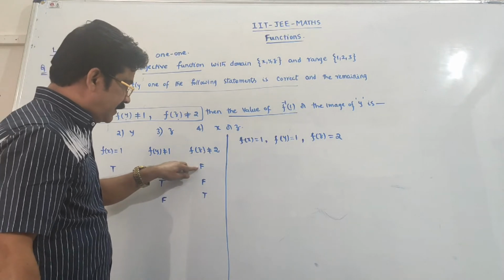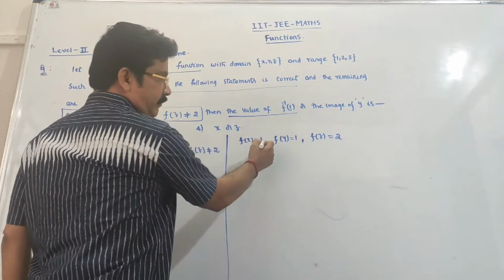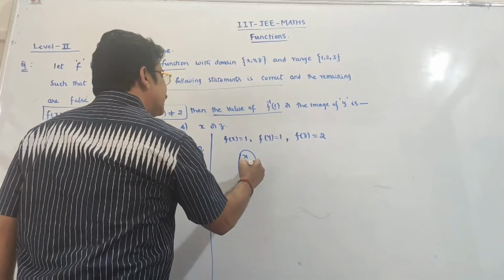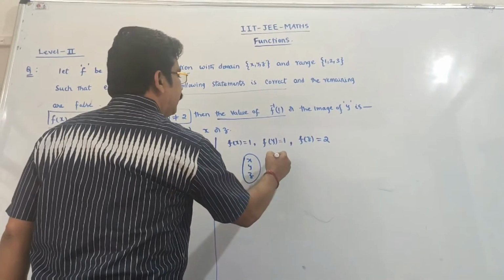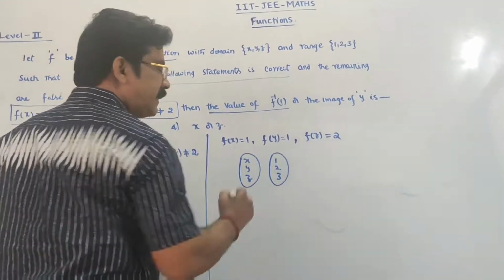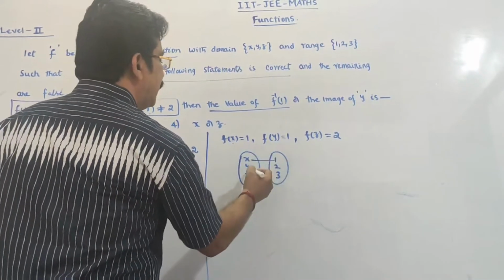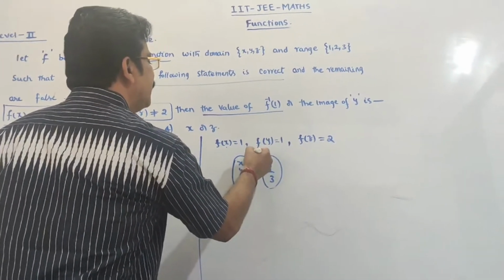Not equal to false means equal to true. Here the domain is x, y, z and the codomain or range is 1, 2, 3. According to this, x is mapped with 1 and y is mapped with 1. So this is the function f.